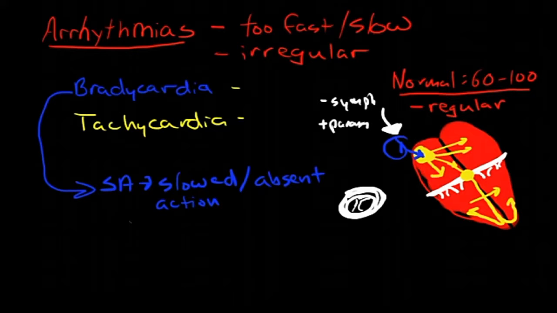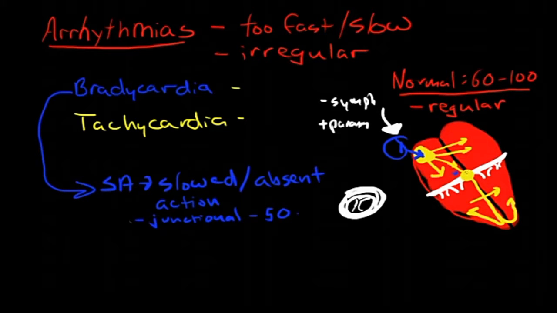Now what happens if it's not the pacemaker of the heart? Then some other pacemaker may need to take over. The AV node could take over, and then we will have what's called a junctional rhythm, which is all well and good, but the AV node as a pacemaker is much slower. It makes a heart rate of about 50 beats per minute.